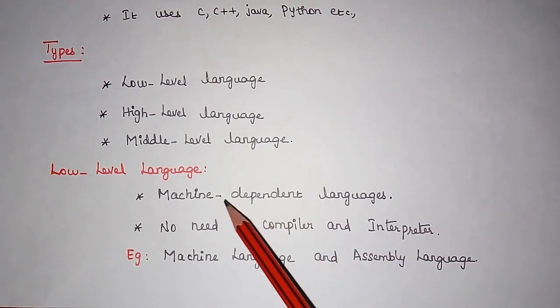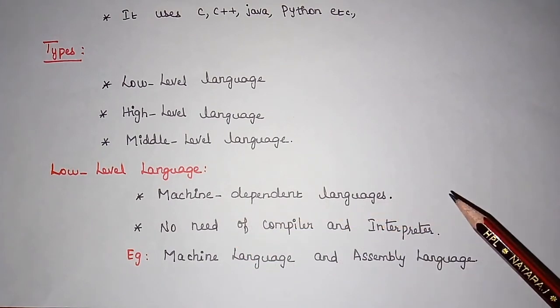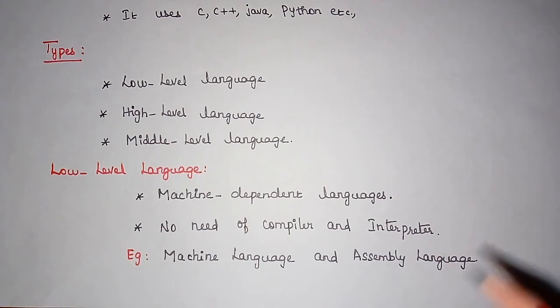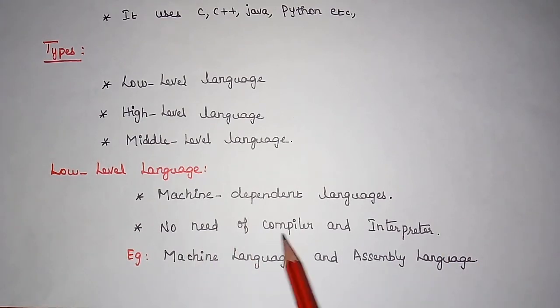As here we are using machine dependent languages itself, there is no need of conversion for executing that code, so we don't need a compiler and interpreter here. The examples for low level languages are machine language and assembly language. For converting the assembly language into machine code, we have the assembler.